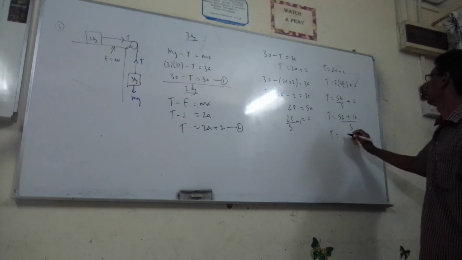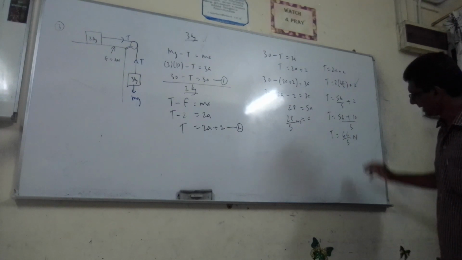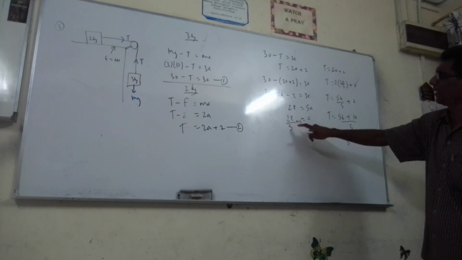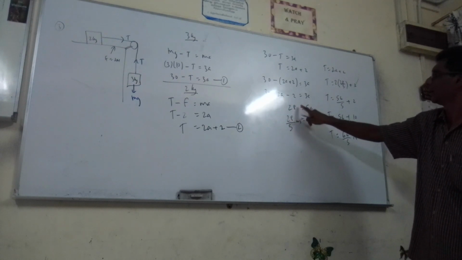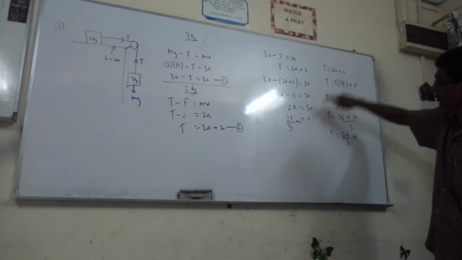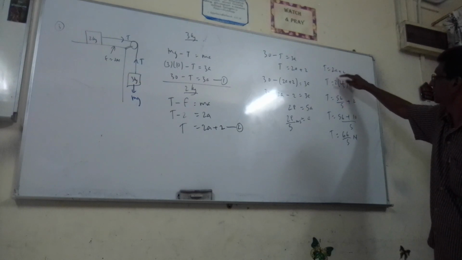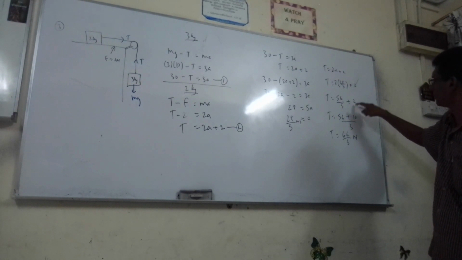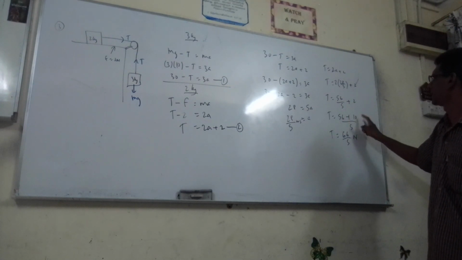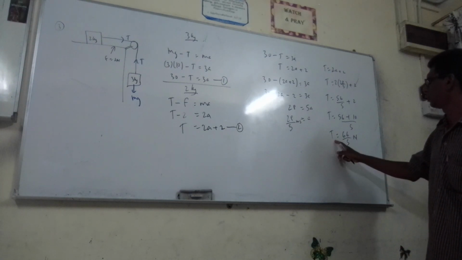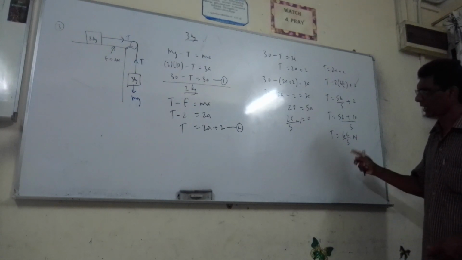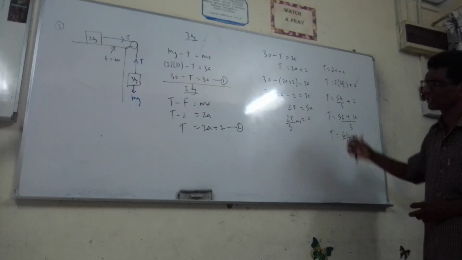So T equals 66 divided by 5 Newton. You can change to decimal places later.